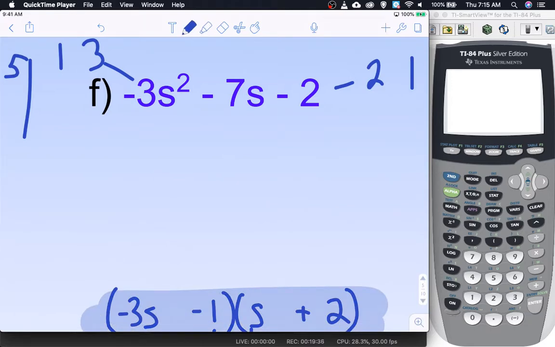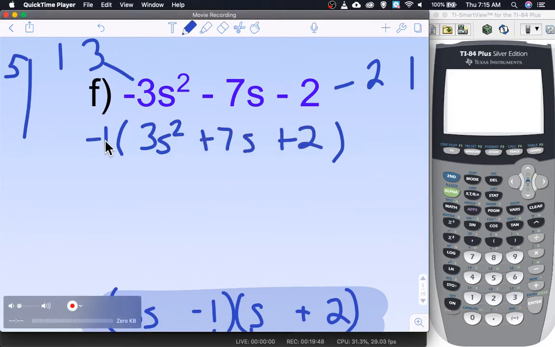Another way you could do this is you could factor out a negative 1 first. By factoring out a negative 1, I've changed the sign of everything inside. So now all the negatives turn to positives.